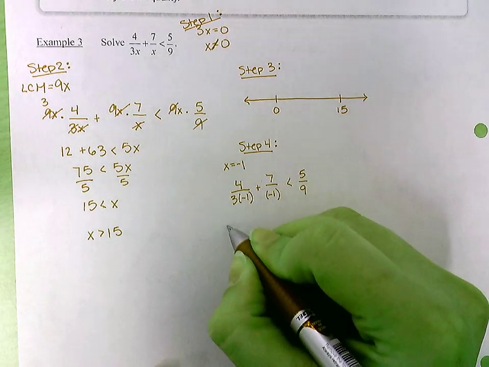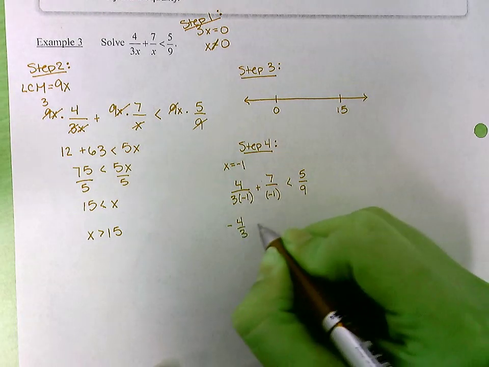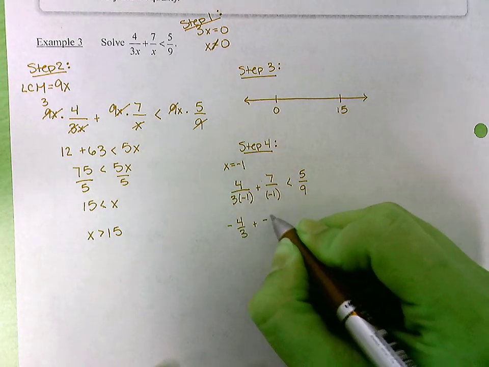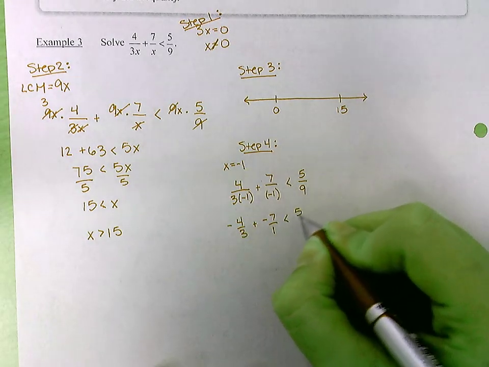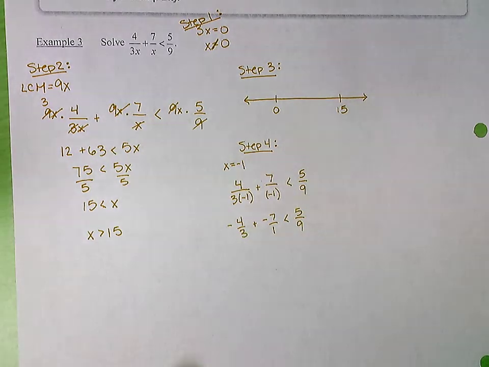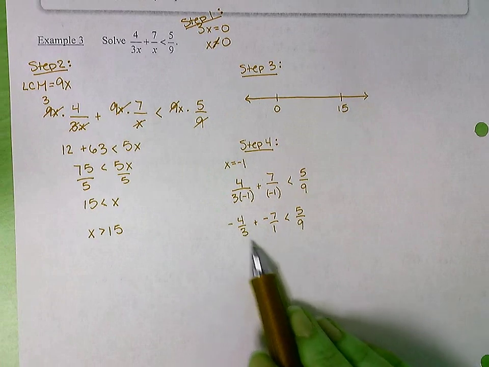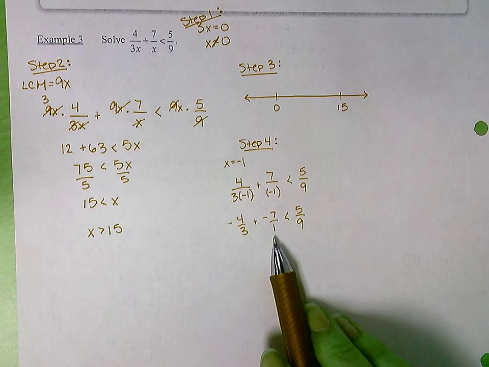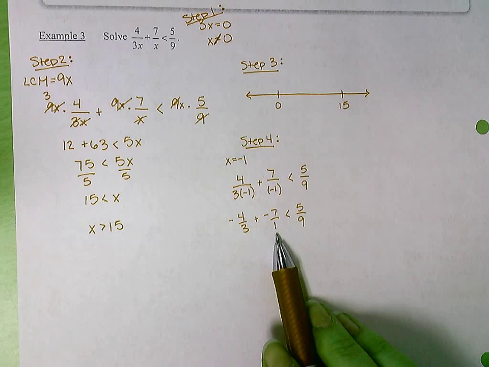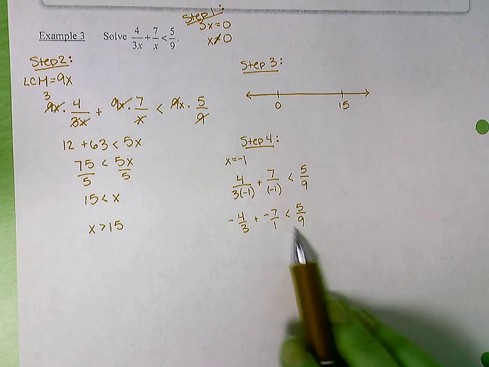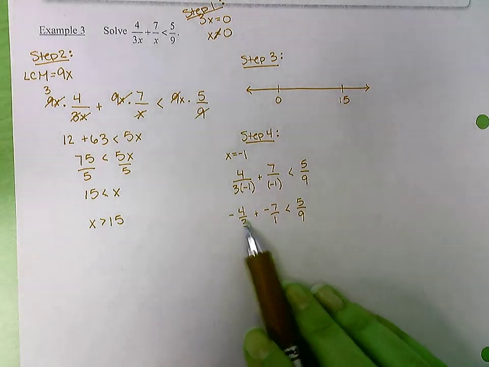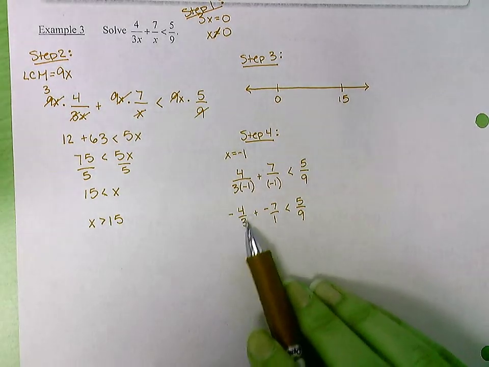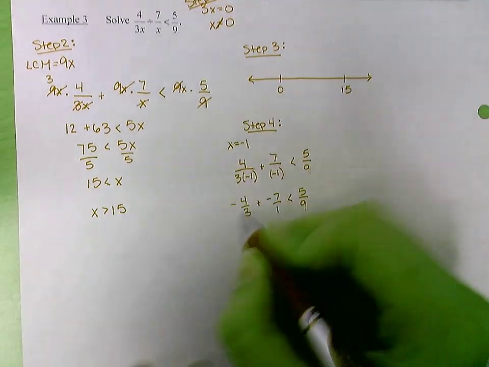Here I have -4/3 plus -7 over 1, less than 5 over 9. Now, in order to combine these, I need a common denominator. I'm just going to pick 9 because I want to compare it to this one here. To get this 3 to 9, I'm going to multiply top and bottom by 3.